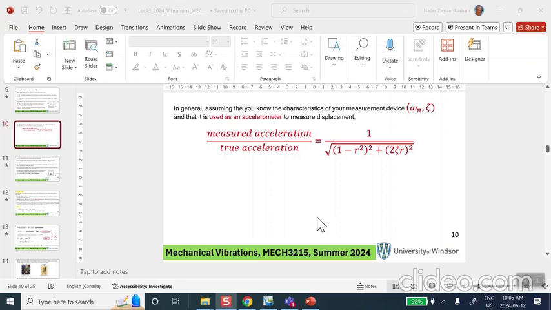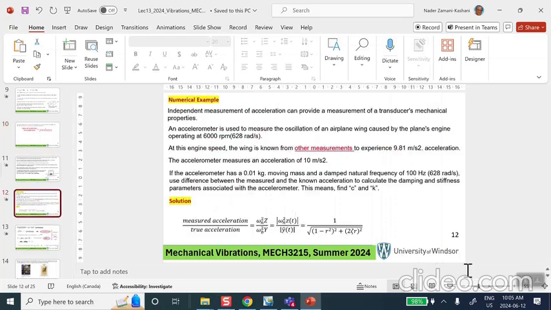So that's why it says, assuming that you know the characteristics, omega n and zeta. The next example shows you how to go about finding omega n and zeta if you don't have your data sheet where that information is recorded. So let's go to that example now. Okay, here's my example.